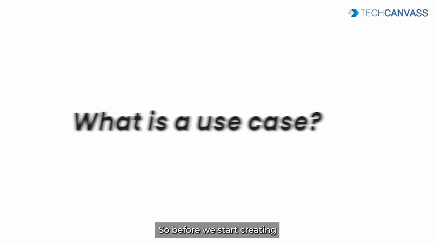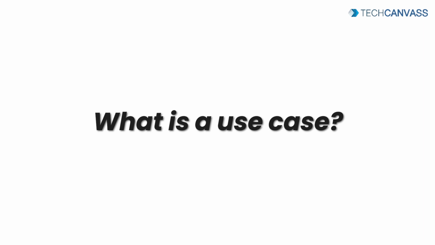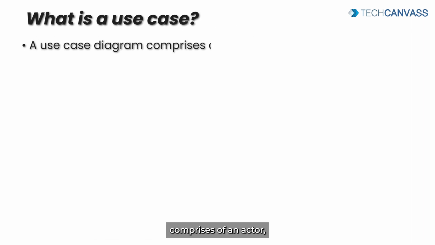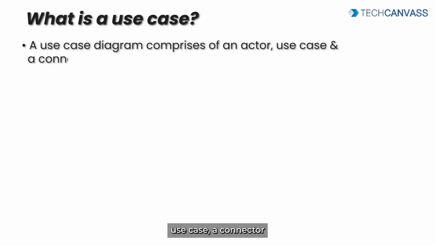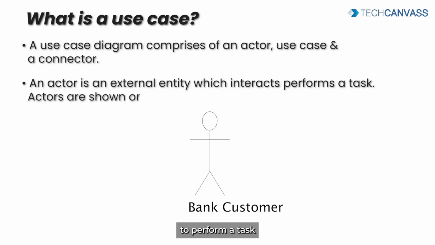So before we start creating the use case model for the case study, let's first understand what is a use case. A use case diagram comprises of an actor, use case, a connector, and the relationships between the use cases. An actor is an external entity which interacts to perform a task in the proposed system or is expected to carry out a task in the proposed system.